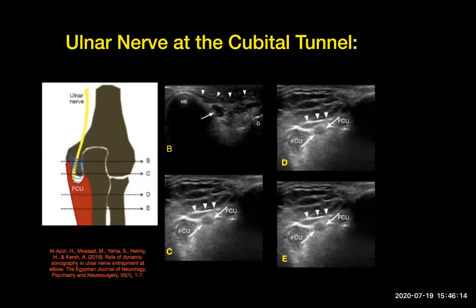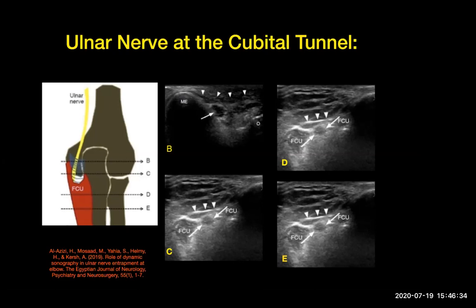And then of course, you can go downwards furthermore, and you can see a very distinct flexor carpi ulnaris. And you can also still see part of the arcuate ligament. So this is characterized as the entire cubital tunnel.